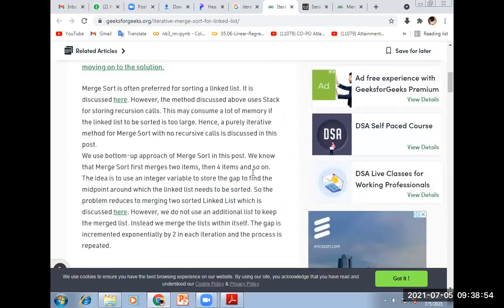See the procedure here. Here we use the bottom-up approach of merge sort. Merge sort first merges two items, then four, then eight, and so on. In this way, it merges and compares. That is iterative merge sort. Okay, clear, students?